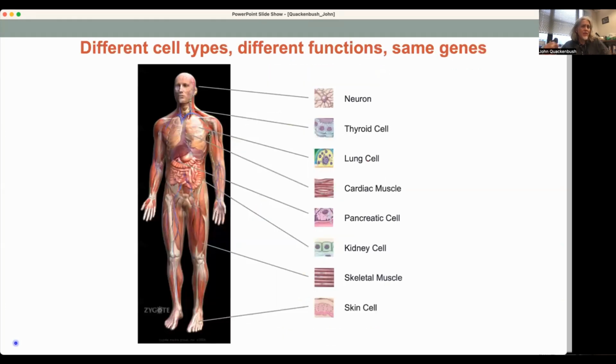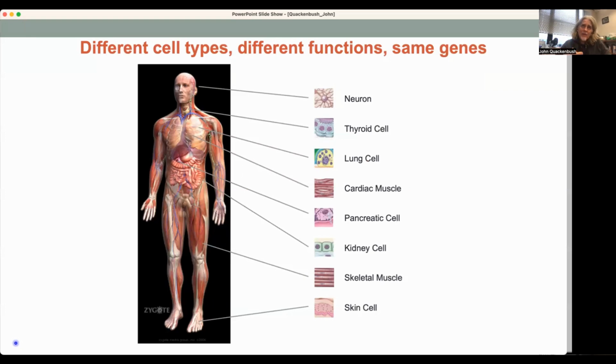And the easiest way to think about that is simply to think about your body with more than 250 cell types, all of which have essentially the same genome, each of which has a different morphology, carries out different functions, behaves in a very different way from the other cells in your body.